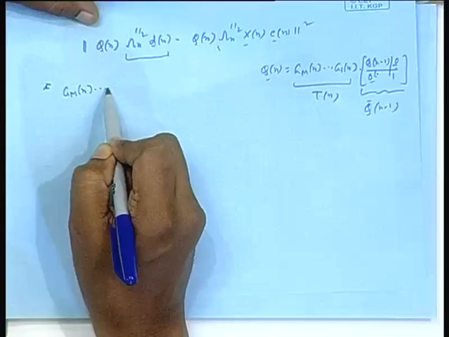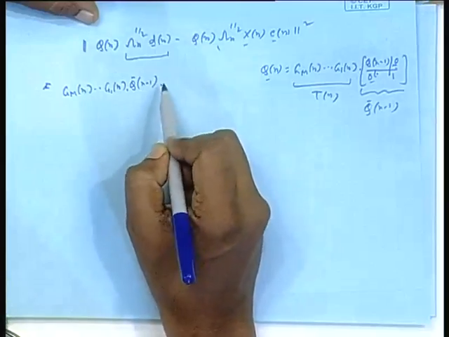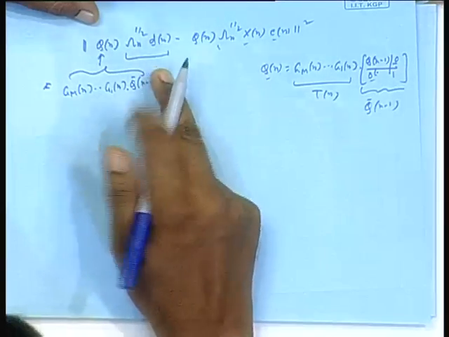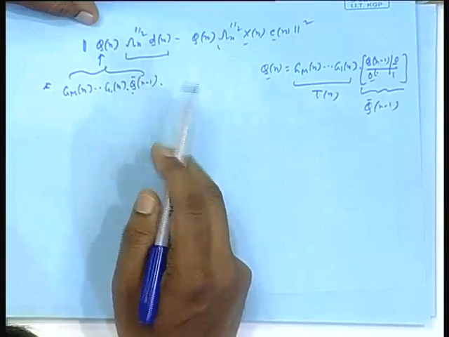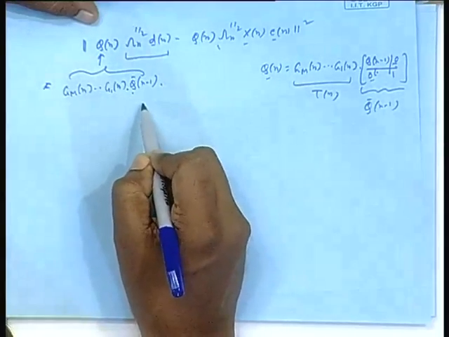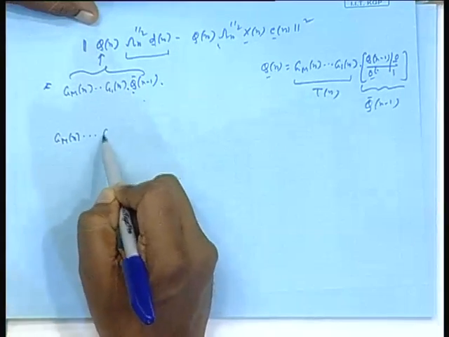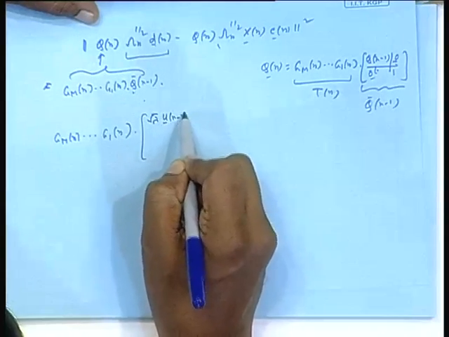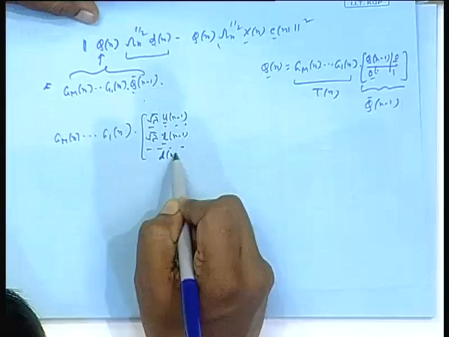So, Gmn dot dot dot G1n into this Q bar n minus 1 will work on this vector, and Q bar n minus 1 while working on this will give rise to two components: Gmn dot dot dot G1n into square root lambda upper part, square root lambda lower part, and that last component.